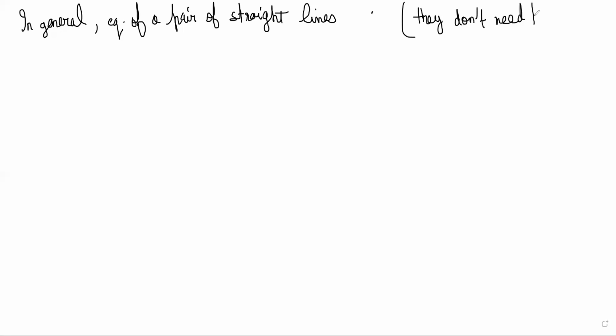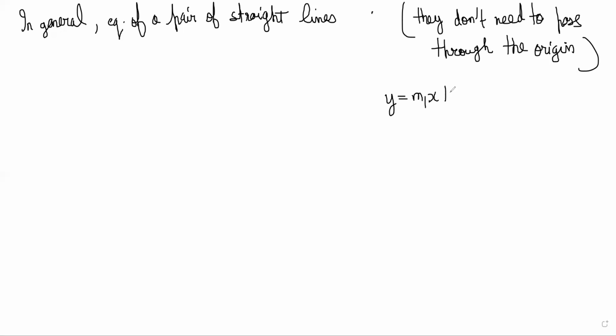So the previous case was a special case when both of them were passing through the origin, right? Now, in general, if you have two lines which don't have to pass through the origin, they can look like this: y is equal to m1x plus c1 and y is equal to m2x plus c2, right?